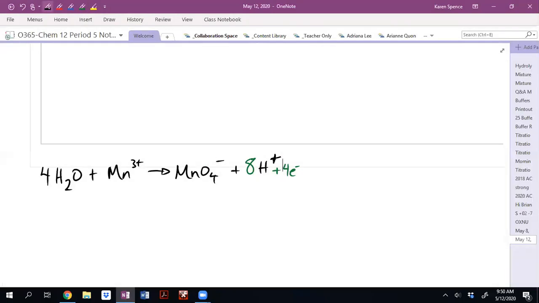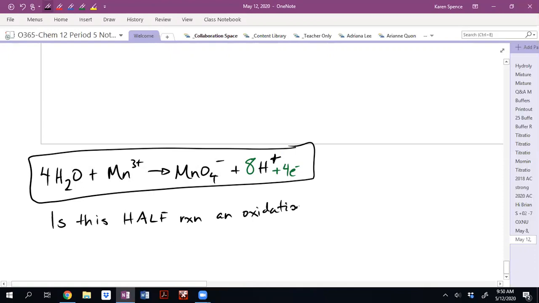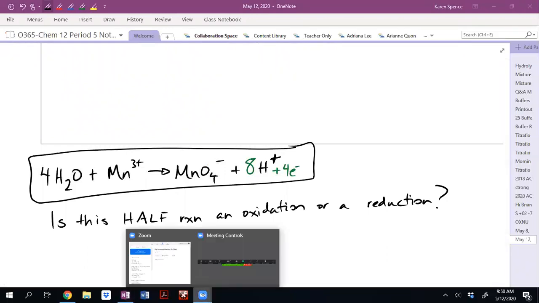Now the second part of the question, I'm going to ask you about this. Is this half reaction an oxidation or a reduction?